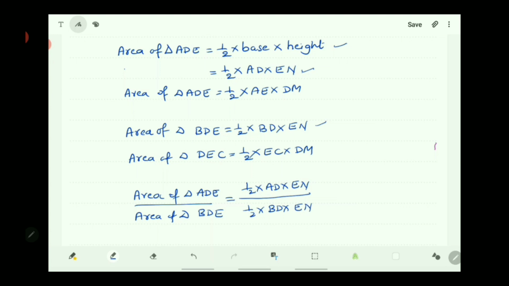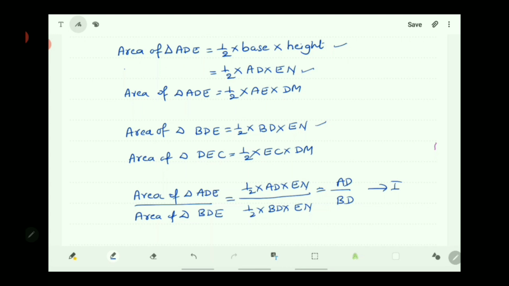Here EN is the height for both triangles ADE and BDE. Now EN cancels, half also cancels, and you will get AD by BD. Consider this as the first relation.